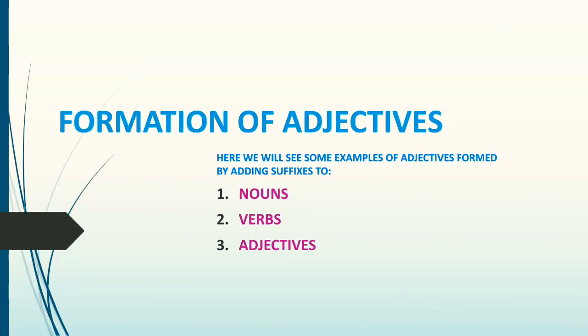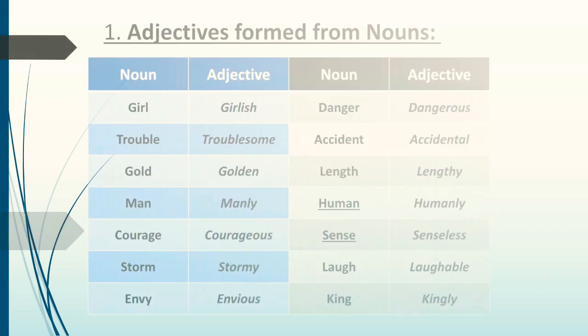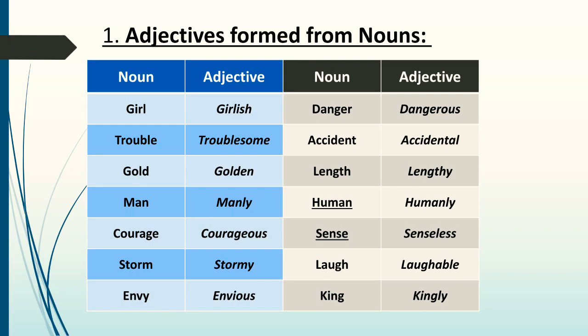Formation of adjectives. Here we will see some examples of adjectives formed by adding suffixes to nouns, verbs, and adjectives. Adjectives formed from nouns. Students, just go through this noun and these adjectives.